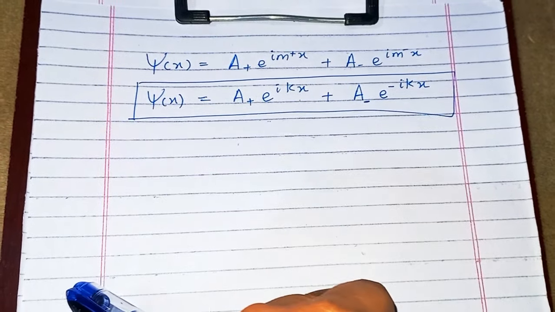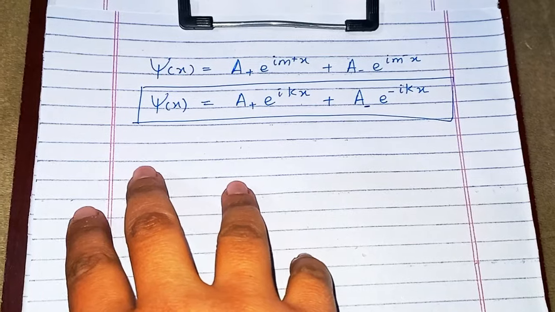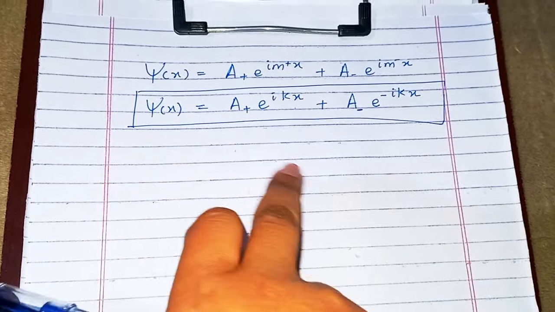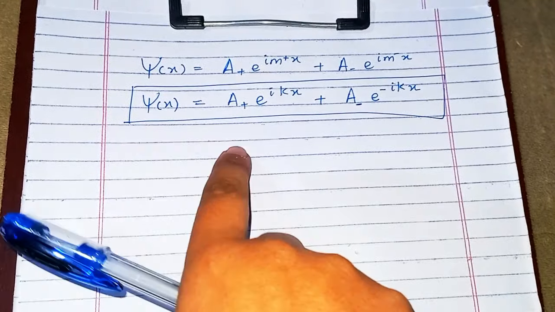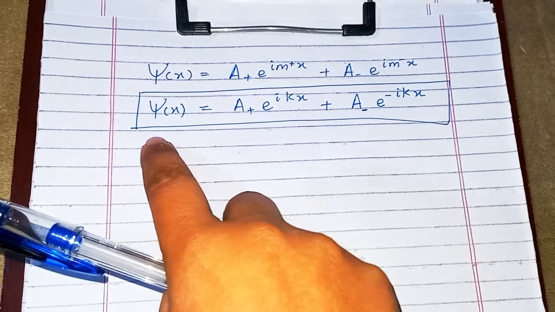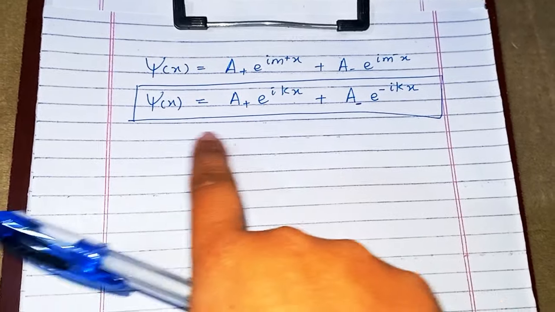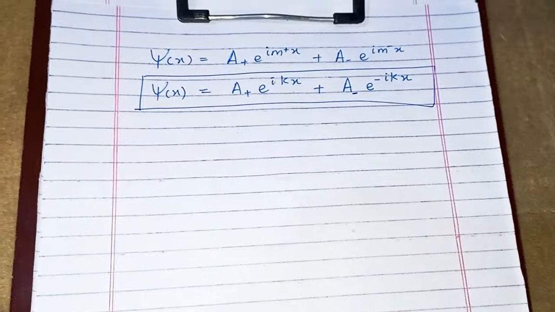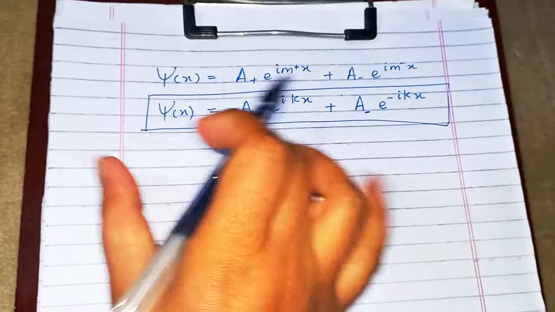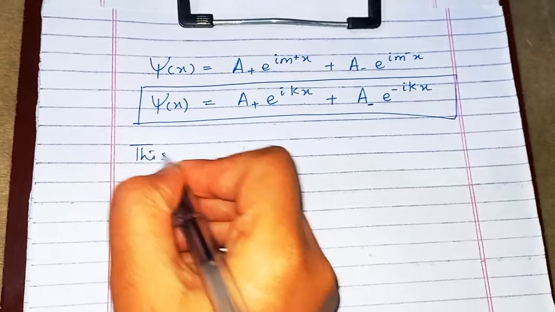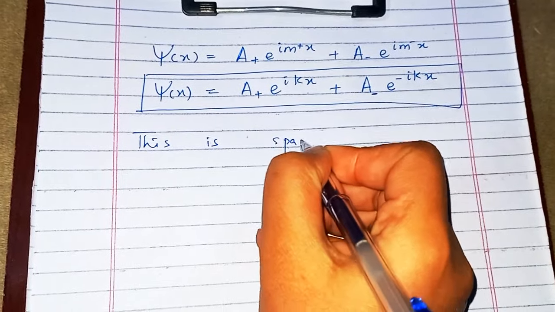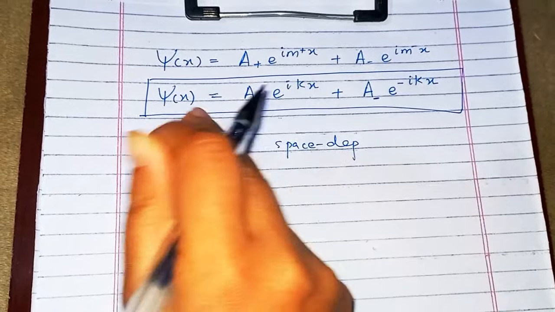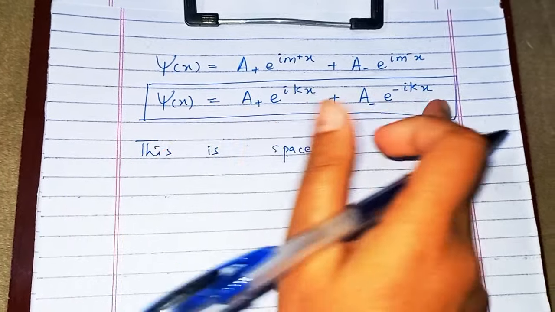We'll have the description later on as well, but we need to write down the total wave function for the free particle in 1D box. And in most cases, tutors just stop there. They don't proceed later on. So we'll write that this is the space dependent wave function because it is dependent upon the x variable.